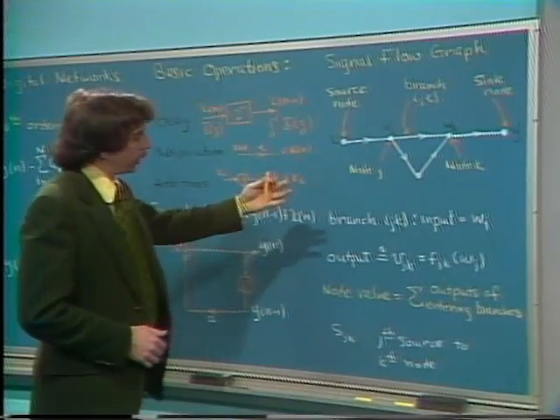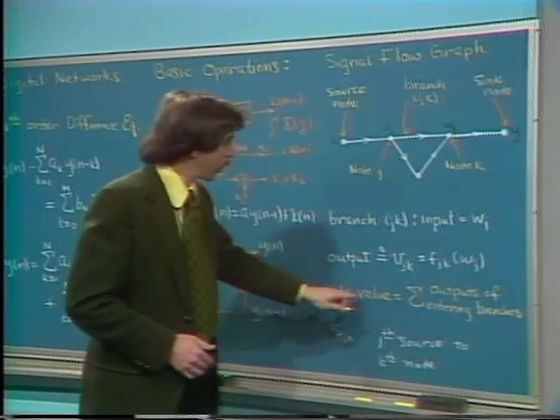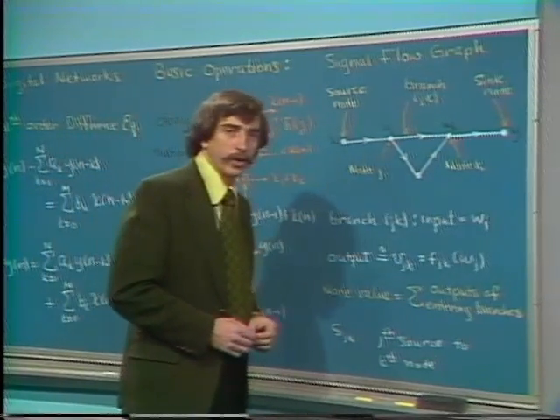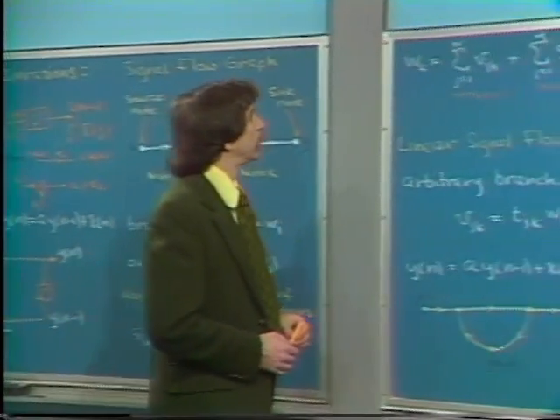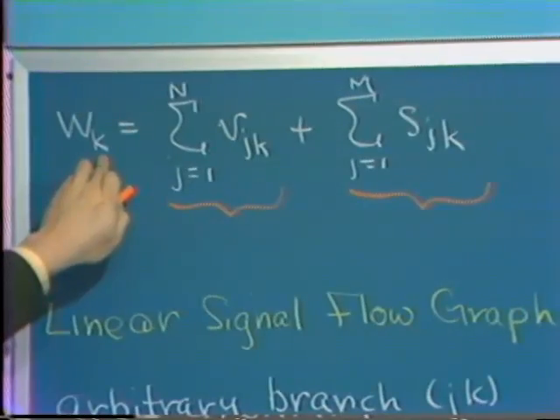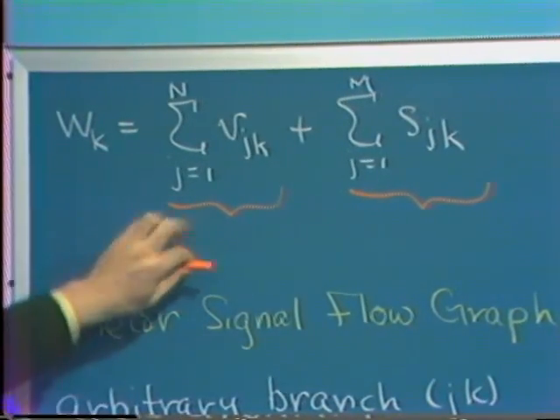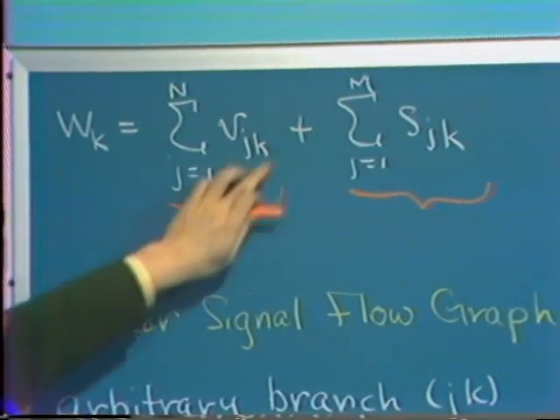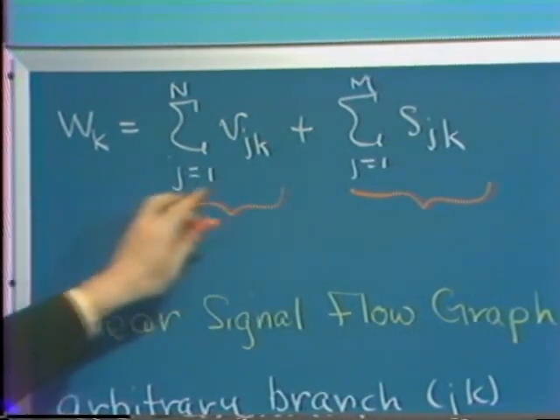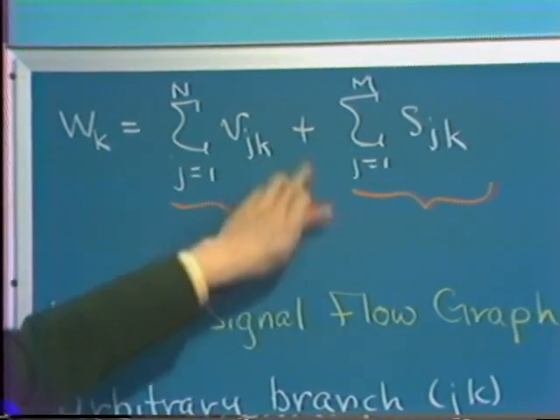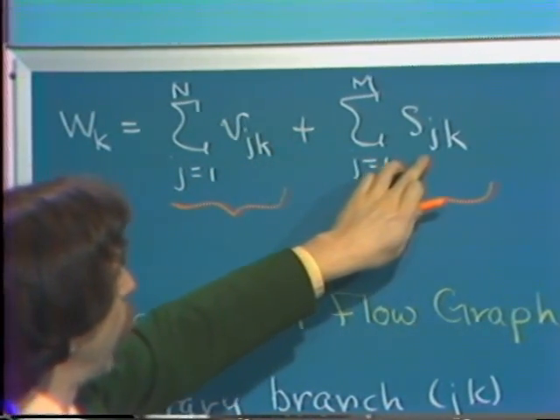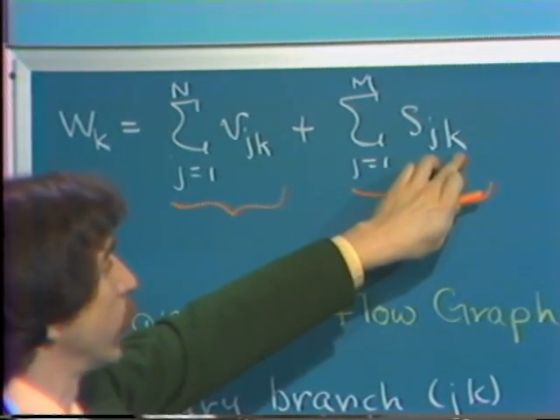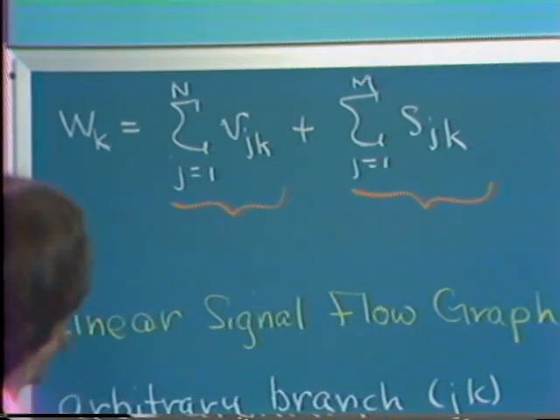Okay, so what this equation says is that algebraically the node variables are specified as the kth node variable being equal to the sum over the internal nodes of the output of the branches from the network nodes to the kth node, plus the sum over all the source nodes of the output of the branches from the jth source node to the network node that we're focusing on.